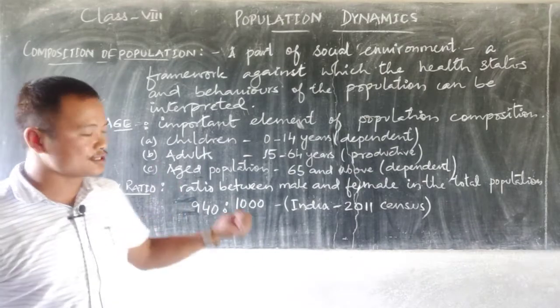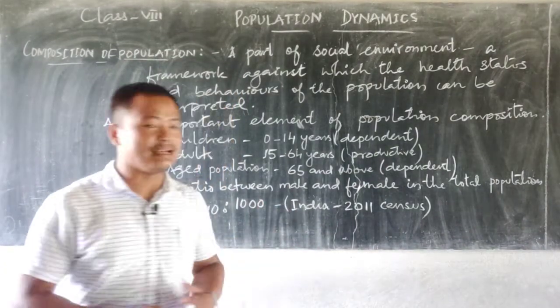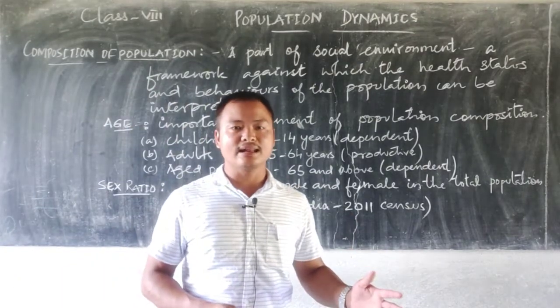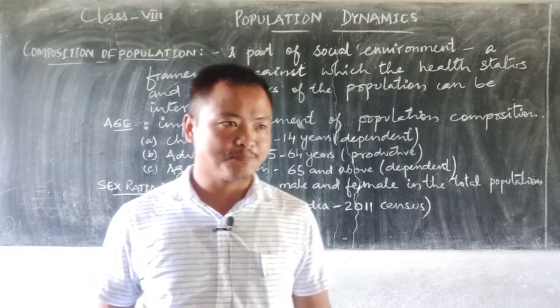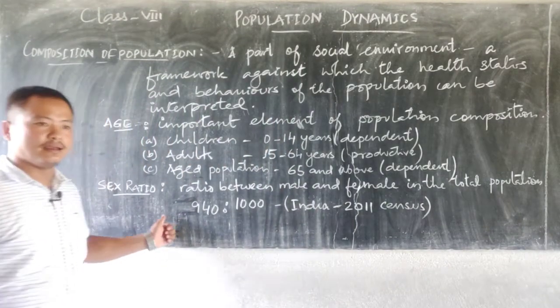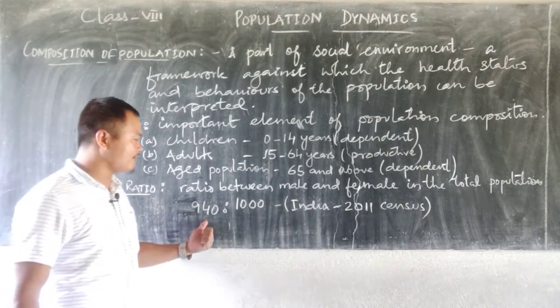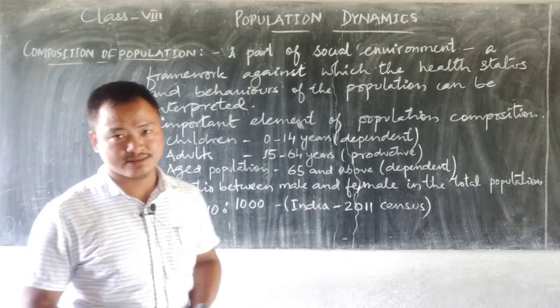The next element of population composition is sex ratio. Sex ratio is the ratio between male and female of the total population. It gives us an idea of the total number of males and females in a particular country. In India, the sex ratio is 940 females per 1000 males.